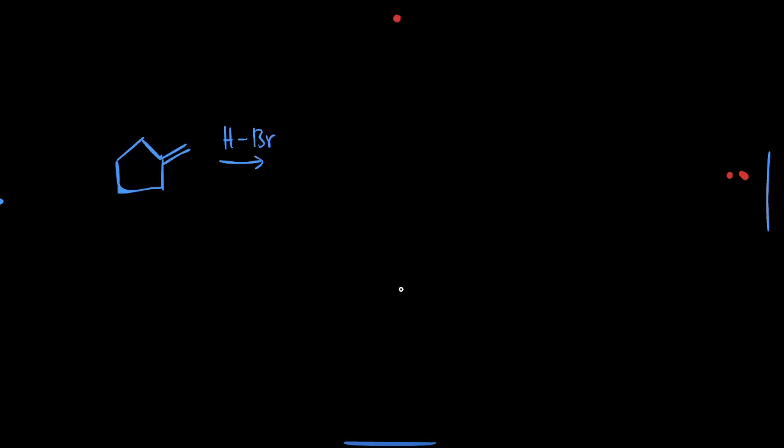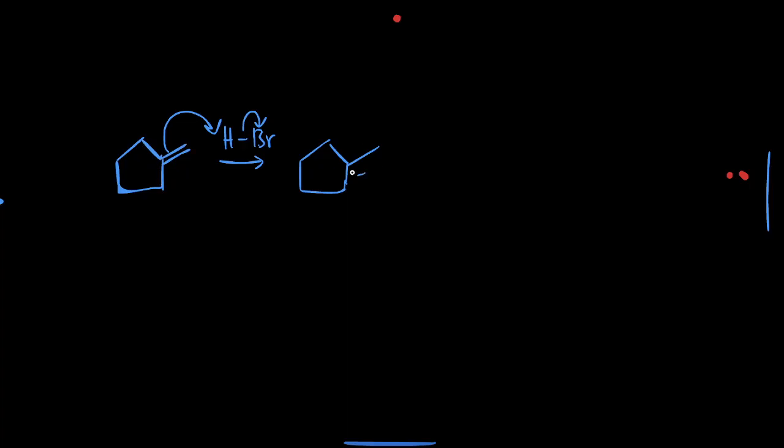Feel free to pause the video and give this a shot on your own, but I'll just be going right into it. We can first have our pi electrons go towards our hydrogen, causing these electrons to collapse, giving us an intermediate. Remember, the more stable carbocation is going to be the one that forms. Here we could either form a primary carbocation or a tertiary one.